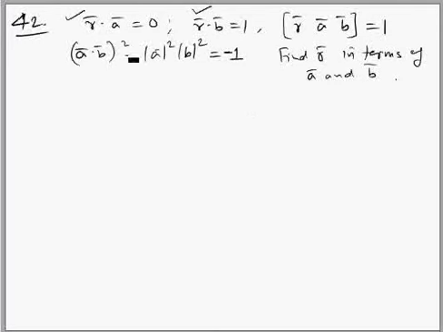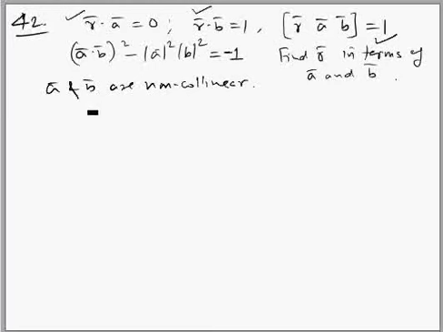Now let's see how we do this. We need to express r in terms of a and b, and though it is not mentioned, it should have been mentioned: a and b are two non-collinear vectors. We can assume this, because if a and b were collinear, a cross b would have been 0.